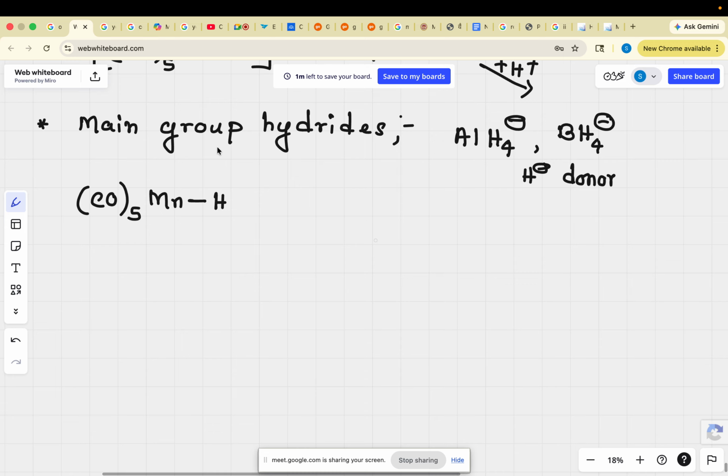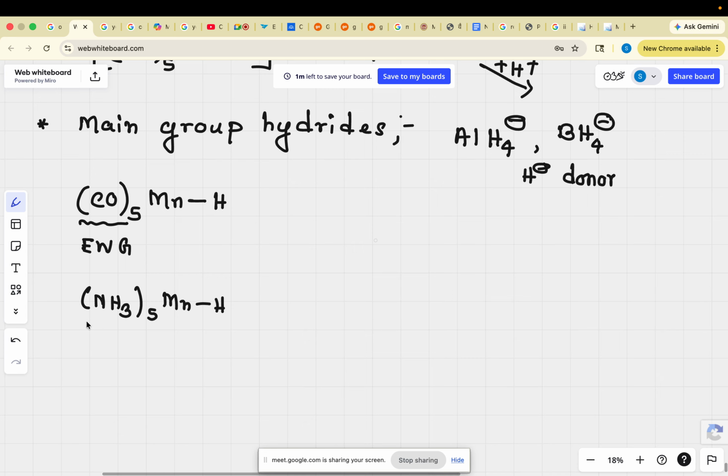Basically we have to see, suppose you have a carbonyl ligand attached to the metal center, that means you have an electron withdrawing group present. Suppose I write another compound like this, ammonia whole 5, then you have manganese hydrogen.